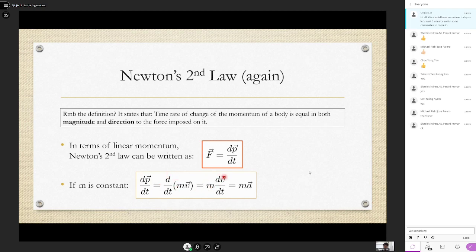What you're left with on the right is dv over dt, which we know equals acceleration. That's why we end up with ma. So force, if the mass is constant, we get ma. That's why when we just say force equals ma, it is the simplified version. But F actually equals dp over dt.